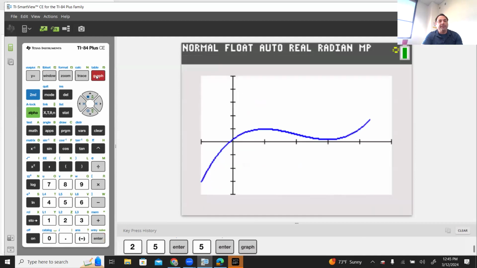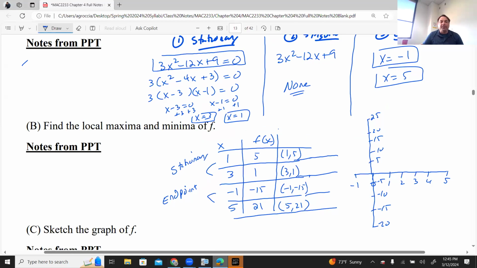Press graph. Okay, that's what it should look like. Sometimes you want to plot the points first to make sure everything fits. So for example, 1, 5 is right there. 3, 1 is right there. -1, -15 is there. And 5, 21 is there. So you get that nice smooth curve.